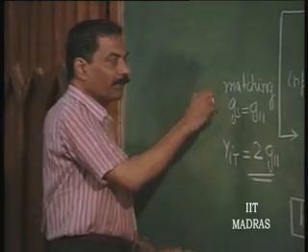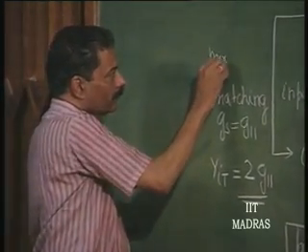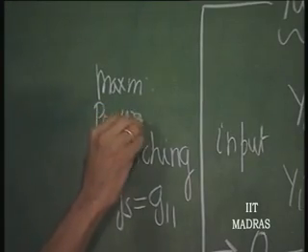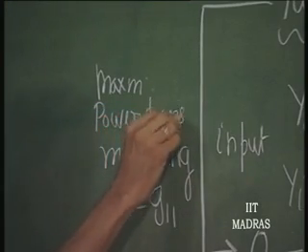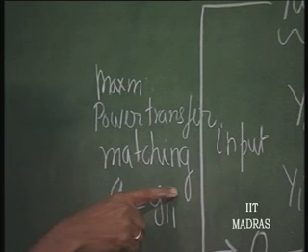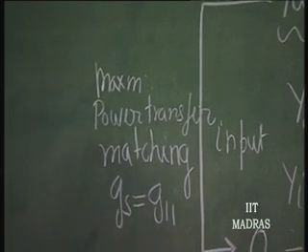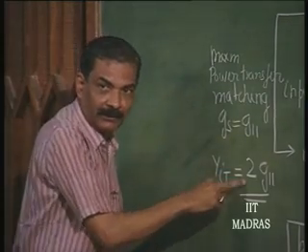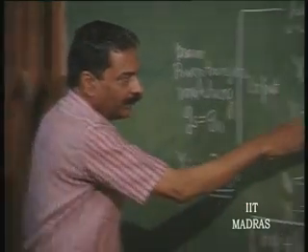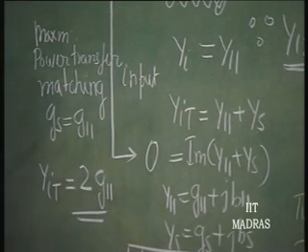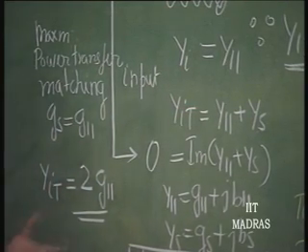So, maximum power transfer occurs due to matching when Gs is made equal to G11. Then Yi total is equal to G11 plus Gs, which is twice G11. So, Yi total at the input is twice G11.